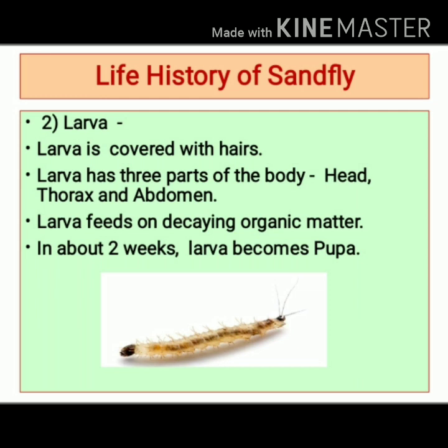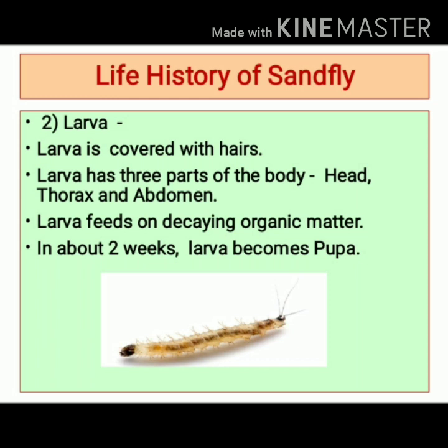Second stage in the life history of a sandfly is larva. Larva is covered with hairs and it has 3 parts of the body, that is head, thorax, and abdomen. Larvae do not take blood meal, but feed on decaying organic matter.